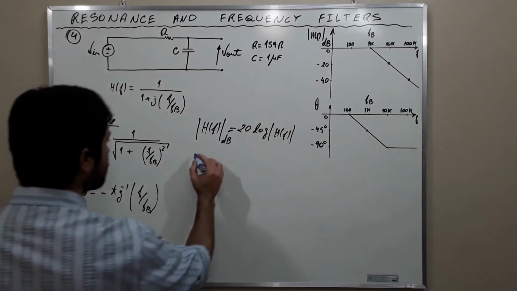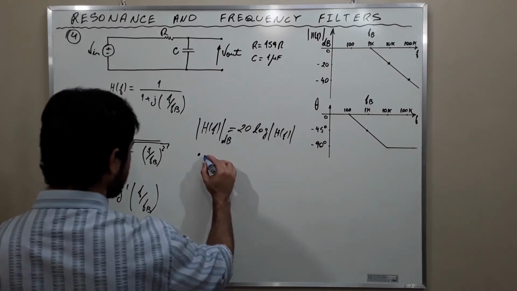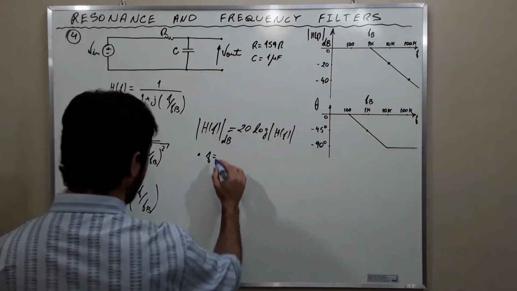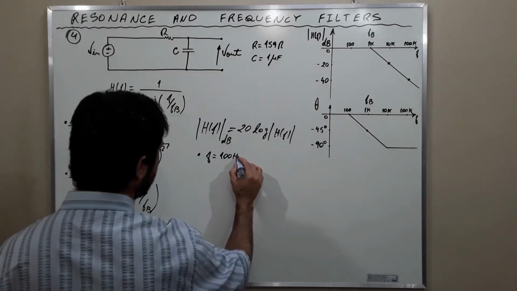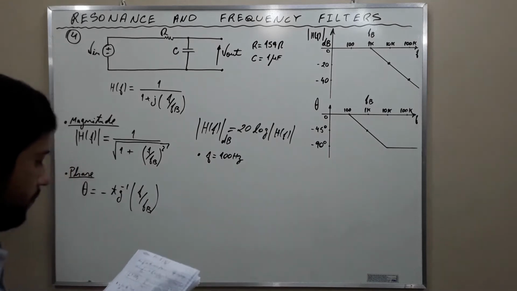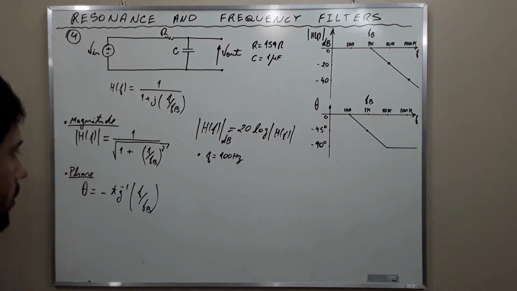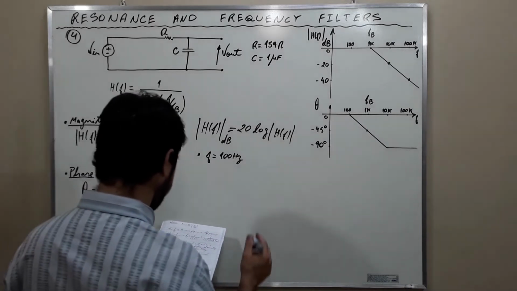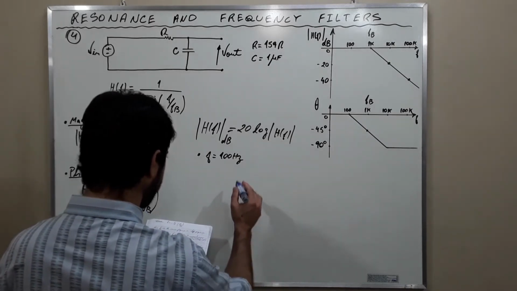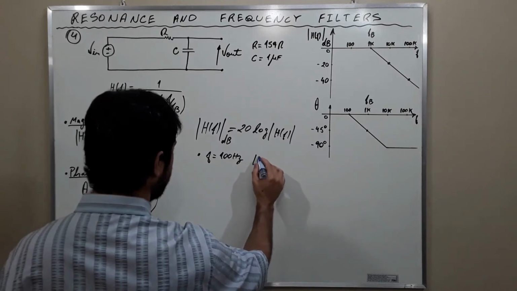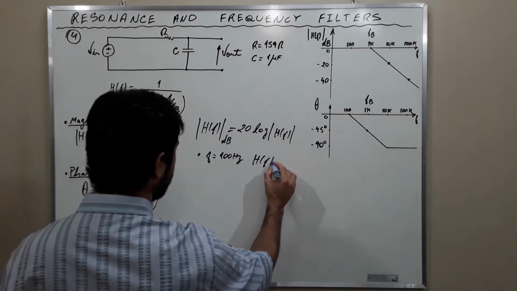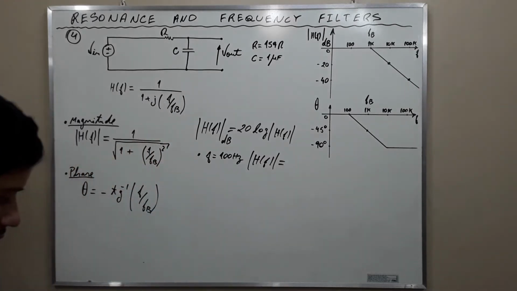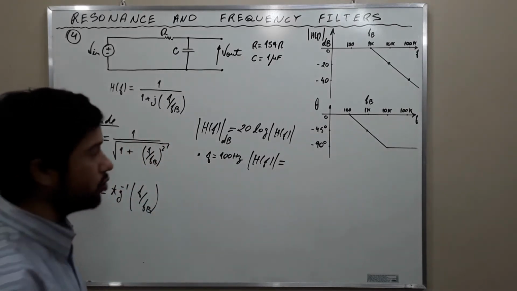For the frequency of 100 hertz, the value in decibels is going to be approximately equal to 0.